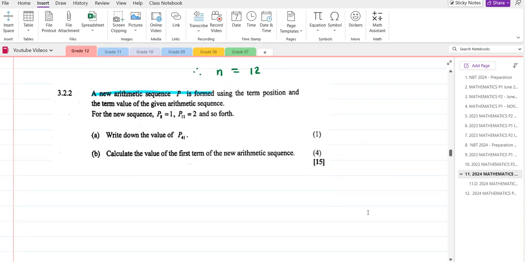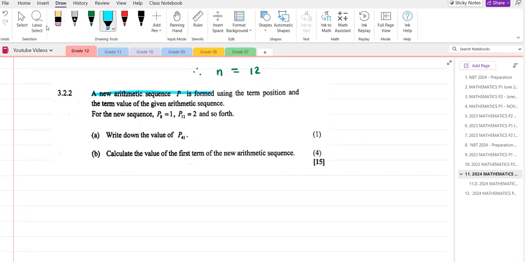So this is another question to think about. So the new sequence is P8 equals 1. But now P8 is an arithmetic sequence, so it's A plus 7D is equal to 1.